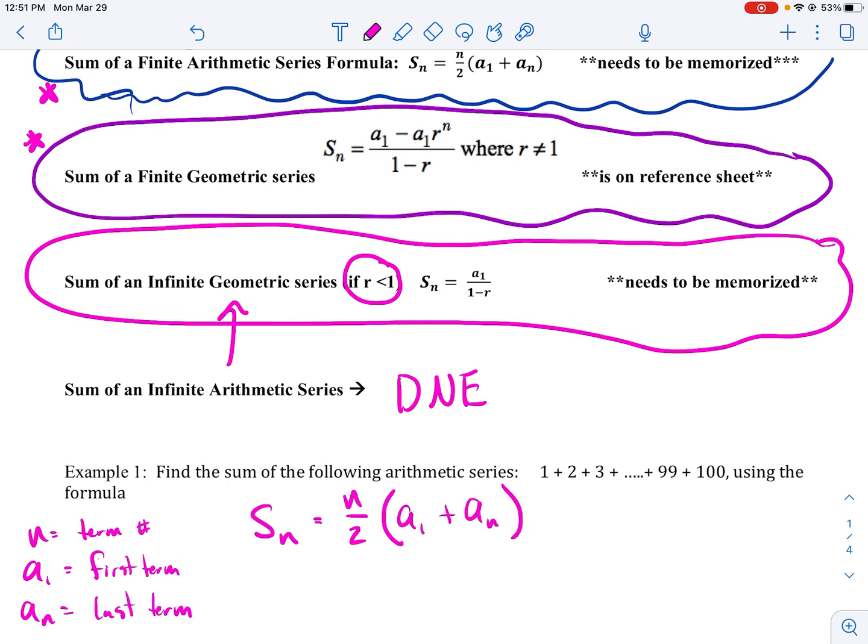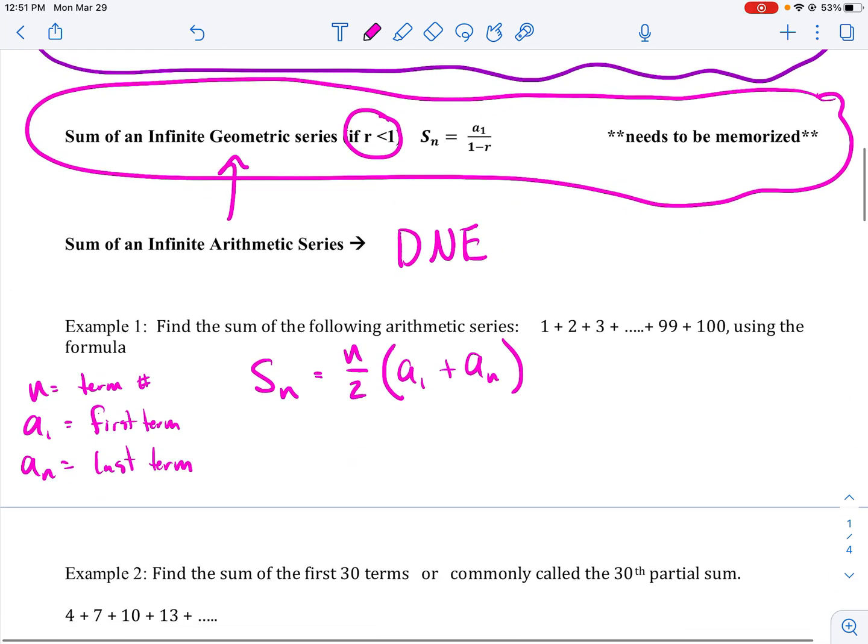In this particular problem, we do get all of these pieces. So how many terms are in the sequence? Well, we're adding 1, adding 1, adding 1 until we get up to 100. So if this is our first term, our last term is 100. We're going to find the sum of these 100 terms.